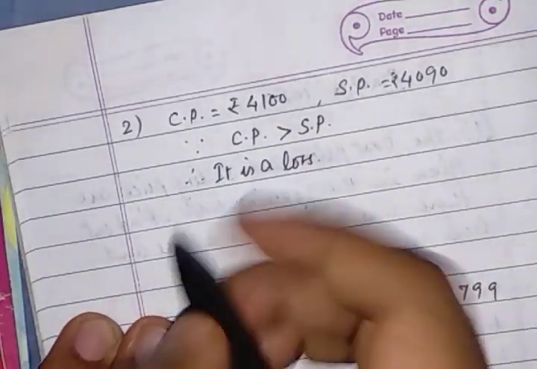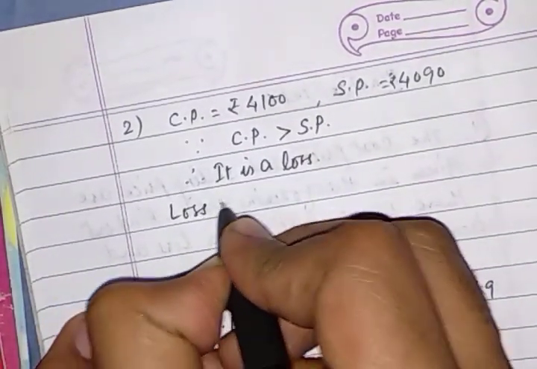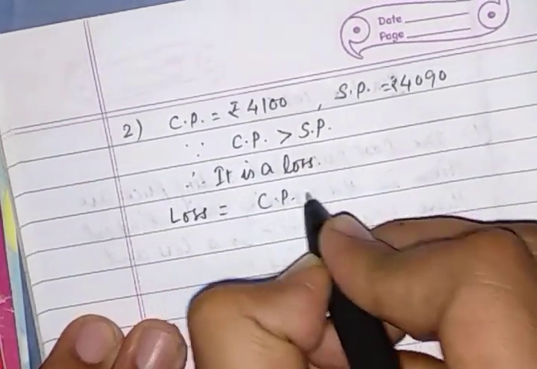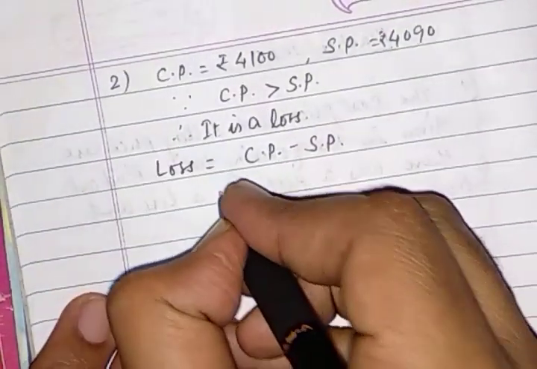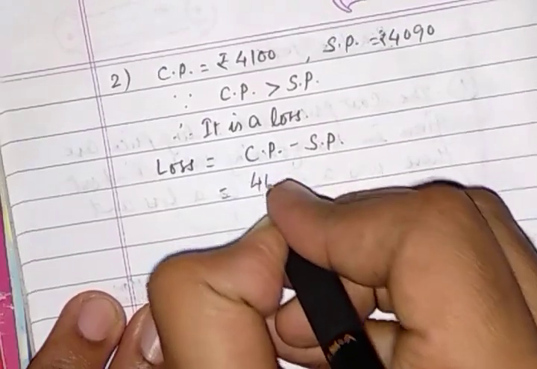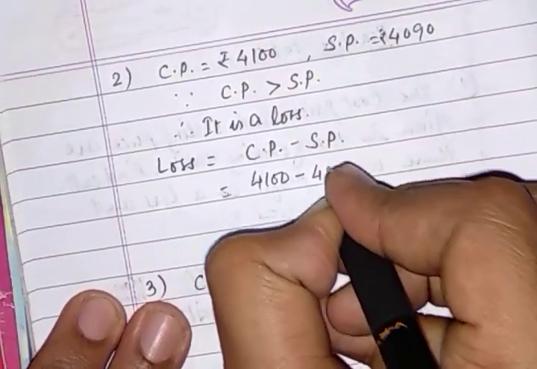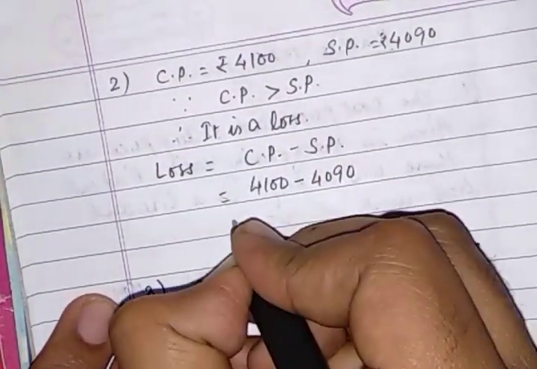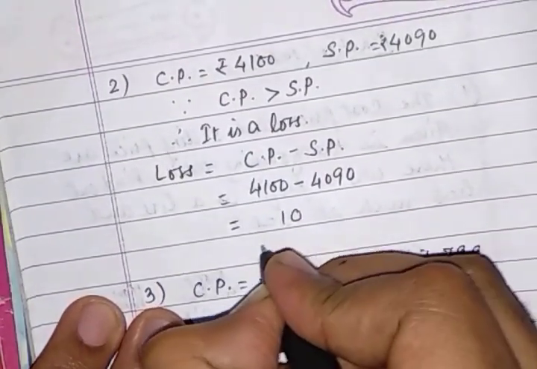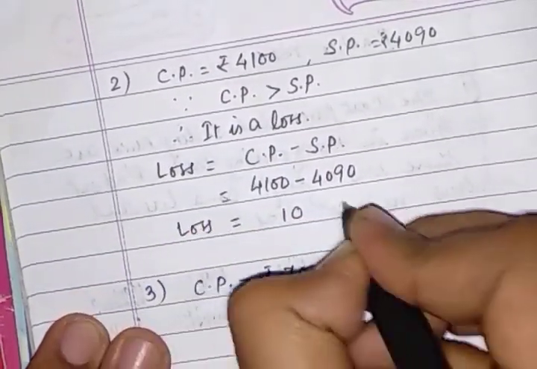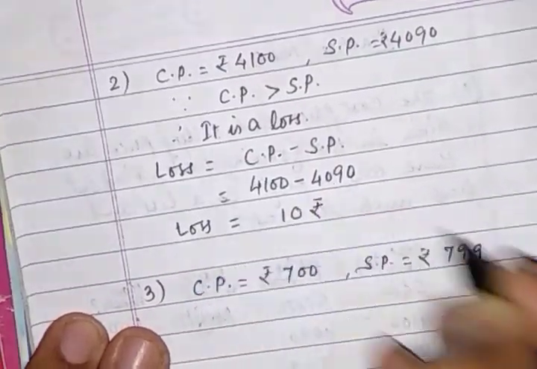Now you have to calculate loss, which is cost price minus selling price. So it is equal to 4,100 minus 4,090. If you subtract, you will get 0. 10 minus 9 is 1. So loss is 10 rupees.